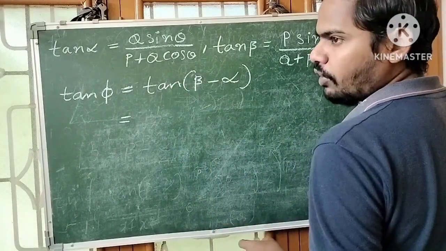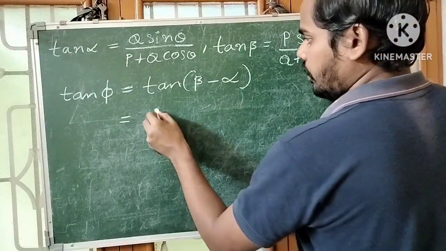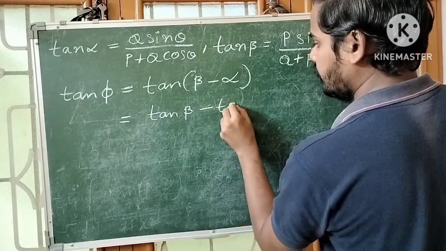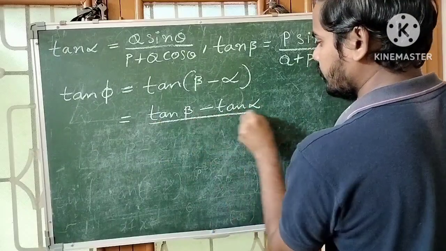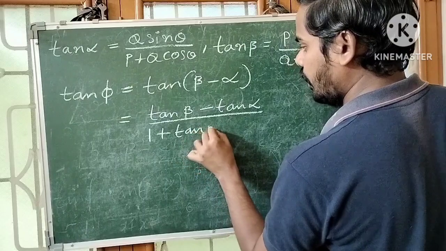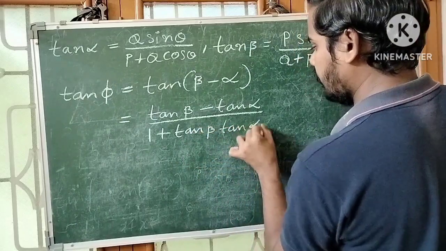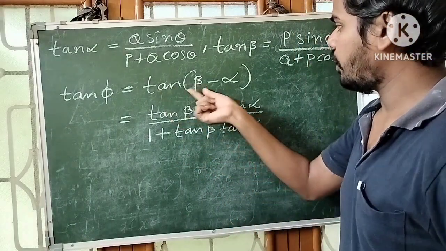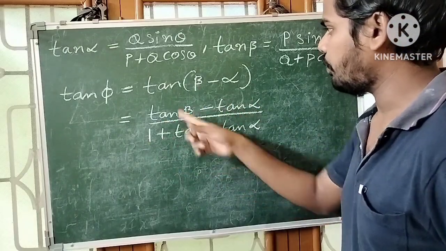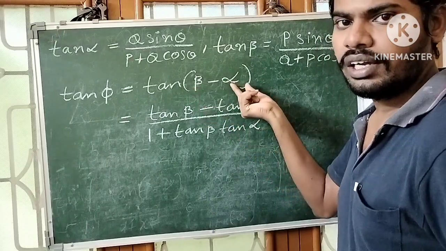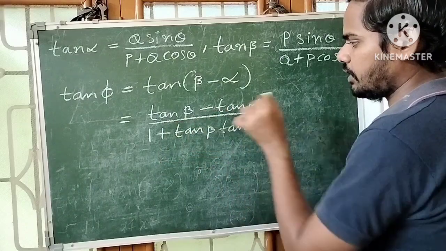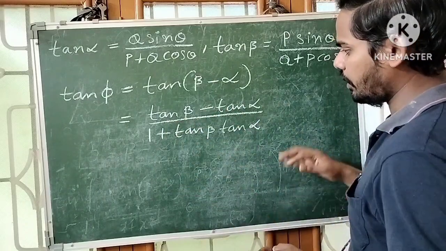So tan a minus b formula. What is tan a minus b? Tan a minus tan b by 1 plus tan a tan b. So tan a minus b is equal to tan a minus tan b by 1 plus tan a tan b. So where a is equal to beta and b is equal to alpha. So tan beta minus alpha is equal to tan beta minus tan alpha by 1 plus tan beta tan alpha.